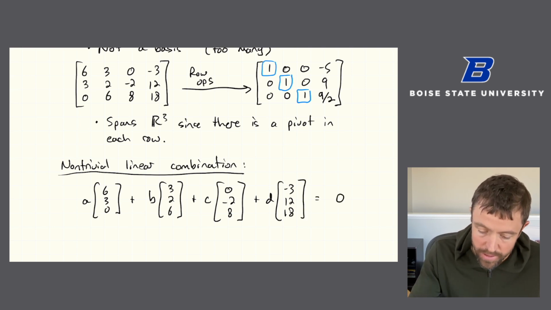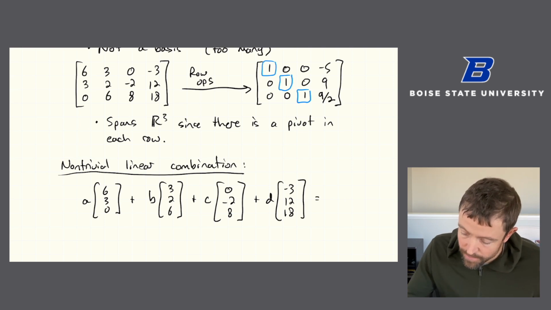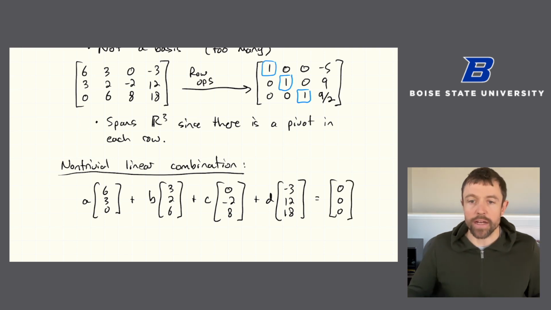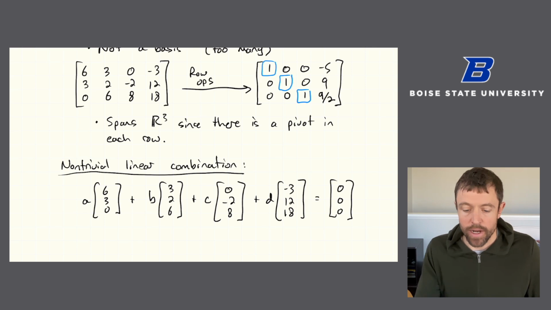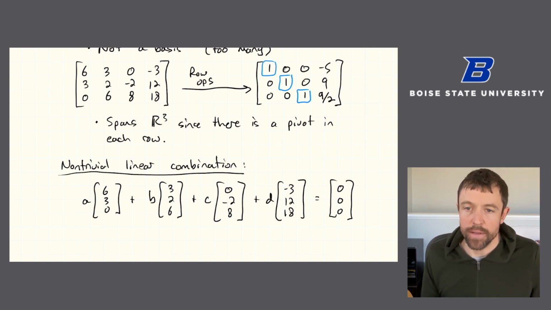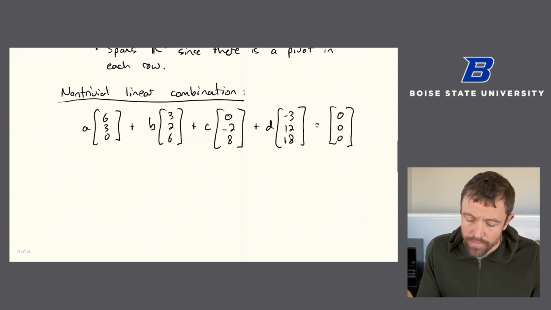I don't know why I wrote that as a single 0. That's not wrong, but let's write it out as the 0 vector. I want A, B, C, and D such that this is true, and I want them to not all be 0, right? I know that if I make all coefficients 0, I'll make this true. And so how do I solve this?